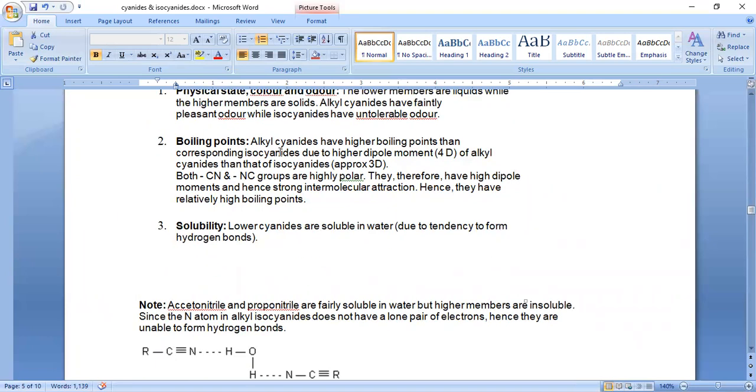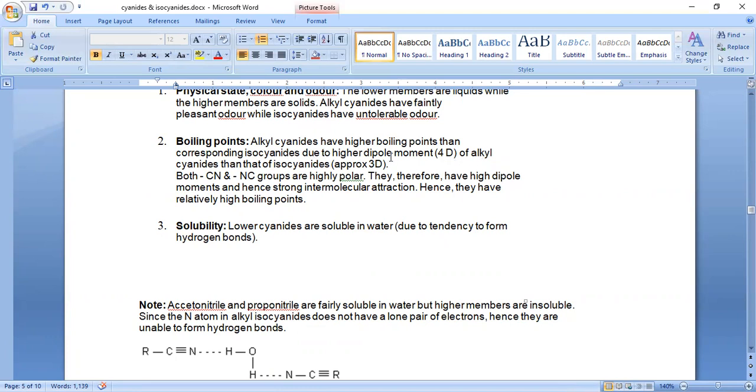Next, boiling points. Alkyl cyanides have higher boiling points than the corresponding isocyanides. Why? Because cyanides may have somewhat stronger dipole intermolecular attractions, due to their dipole moment.